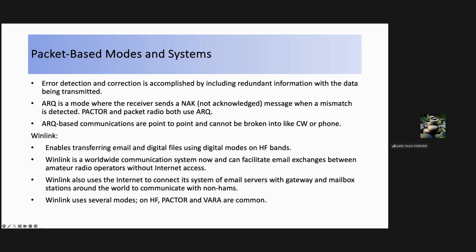Two packet-based modes, one called Pactor and the other called Packet Radio, both use ARQ. Other digital modes also use ARQ. A key point with ARQ-based communications is that they are point-to-point between one transmitter and a single receiver, and they cannot be broken into like CW or a phone.